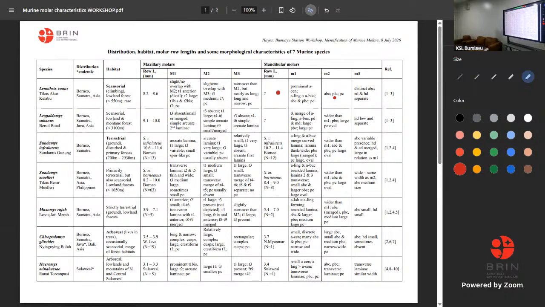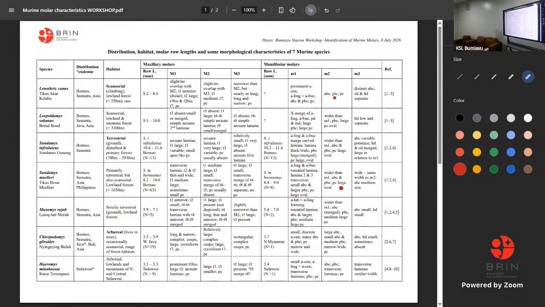Okay. Now the bad news is, it's up to you to figure out what those diagrams of those rat teeth that are on the next two pages in the worksheet are. Which rat is that? Okay. So what you're going to be doing is turn over the page.